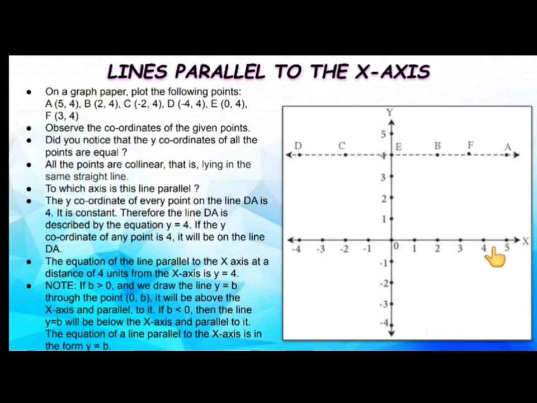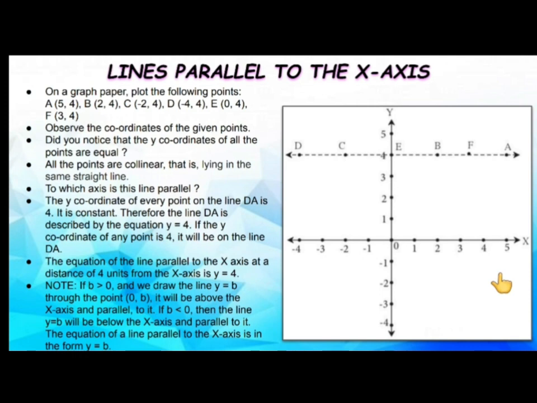Similarly, if b is less than 0, then the line y equals b will be below the x-axis and parallel to it. Now, in another case, if we assume our y-coordinate to be minus 4, since it is less than 0, it will be below the x-axis, but again it will be parallel to the x-axis, right?